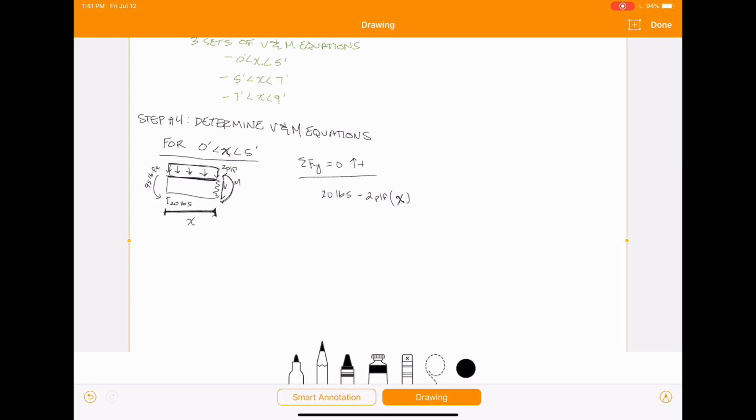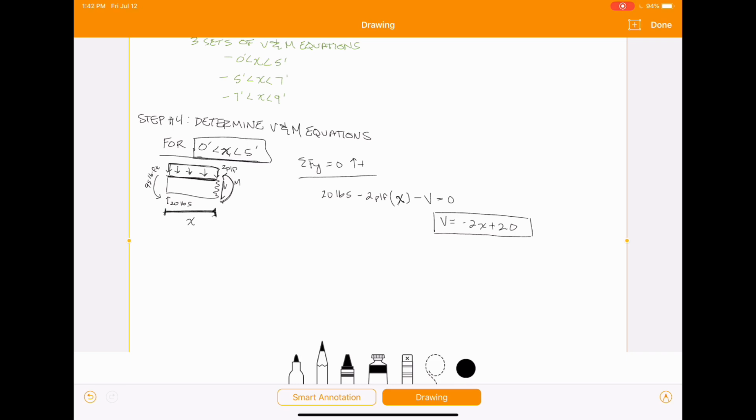So that's why we put x here. And then minus V equals 0. Then we can go ahead and solve for V, and we get that that's negative 2x plus 20. So that's our equation for shear for the part of the beam that lies between 0 and 5 feet.